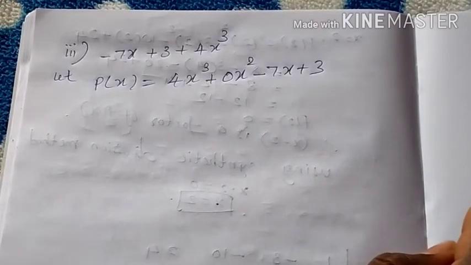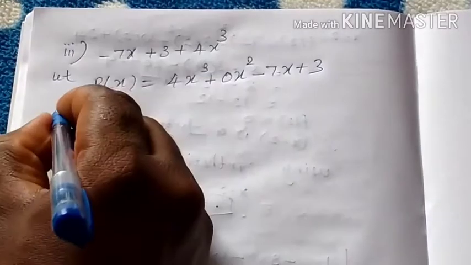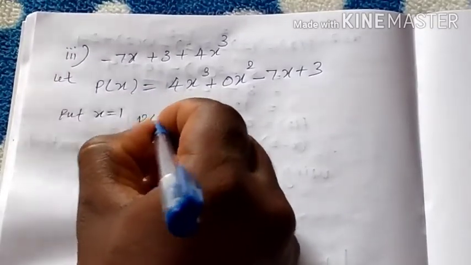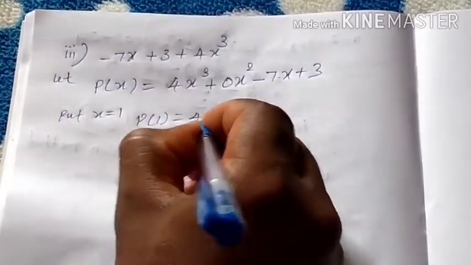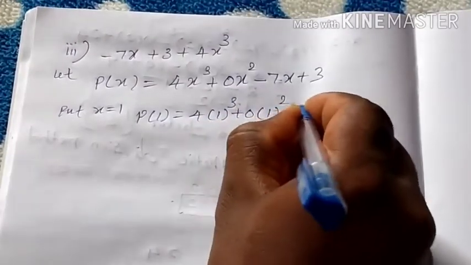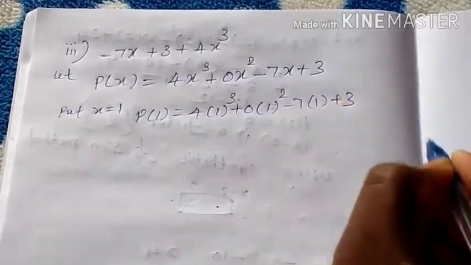Next, do the trial and error method. Put x equal to 1, so p of 1 equals 4 into 1 cube plus 0 into 1 square minus 7 into 1 plus 3.